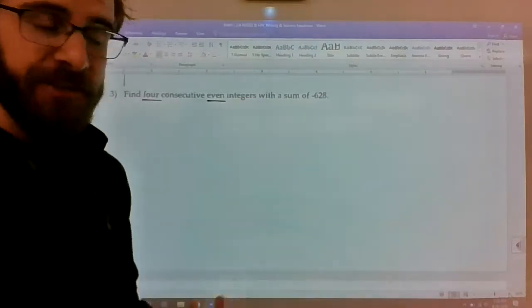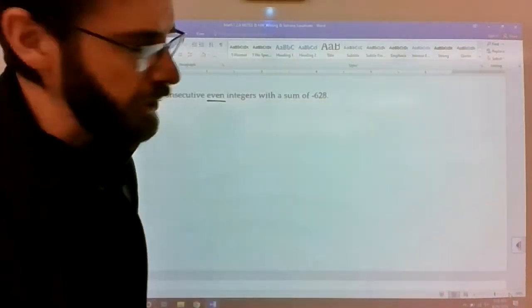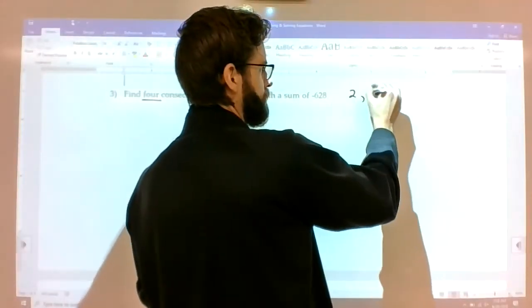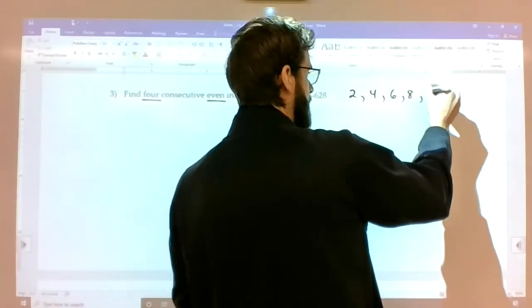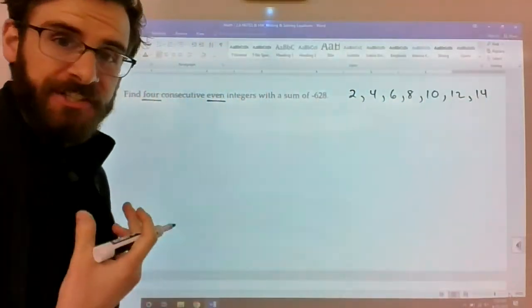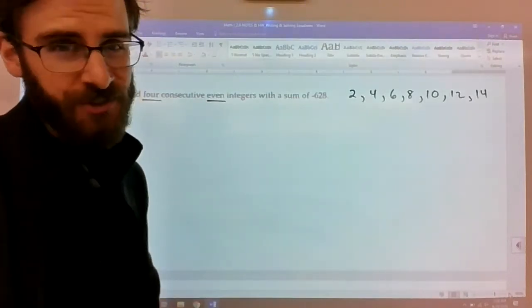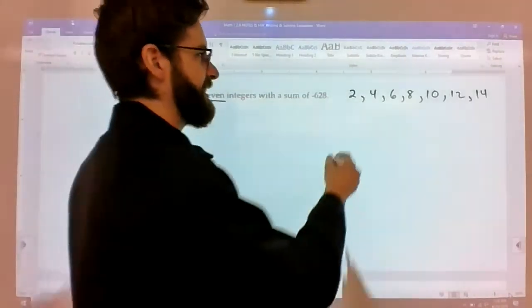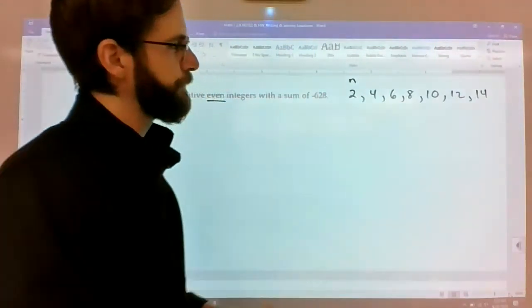So again, I'm just going to ask you guys to think about what even numbers look like. 2, 4, 6, 8, 10, 12, 14. Now we can still let the first digit be n, so we're playing around with this. Let's say n is equal to 2.